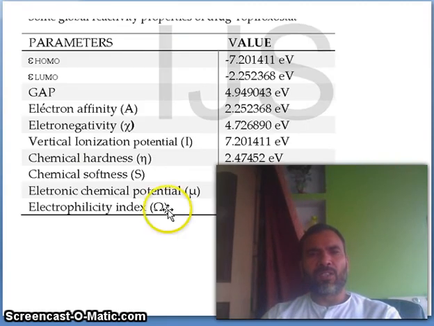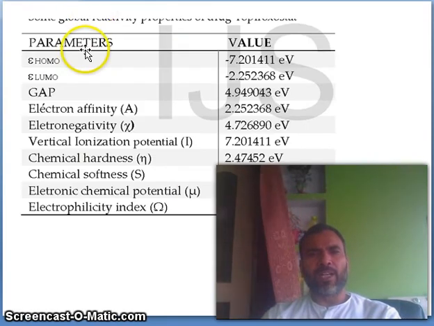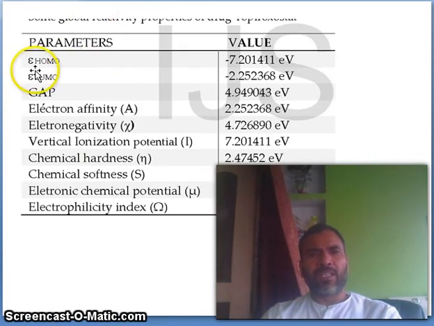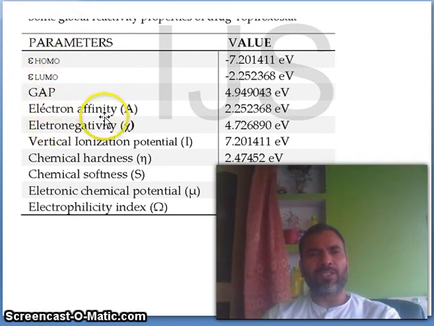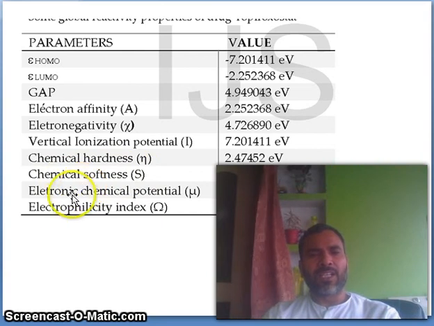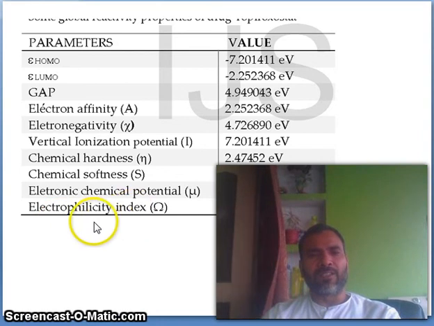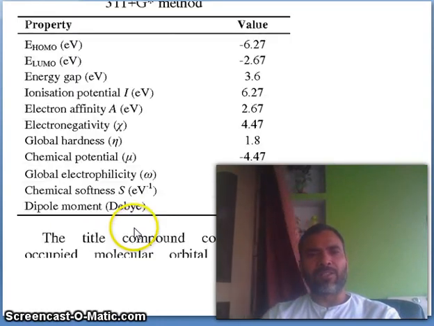So you see how people write in papers. Energy of HOMO, energy of LUMO, gap between two energy levels, HOMO-LUMO, electron affinity A, electronegativity chi, vertical ionization potential I, chemical hardness eta, chemical softness sigma or S, electron chemical potential mu, electrophilicity index omega, here in different notations.